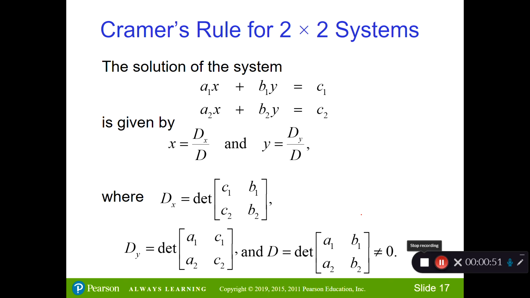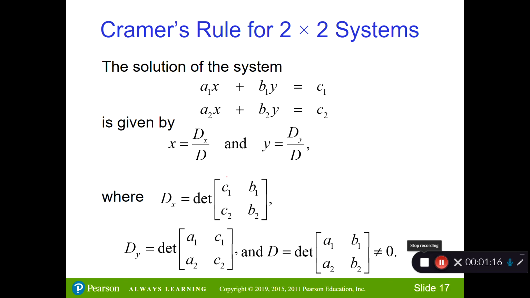And so I'm not going to memorize this as a formula. What I'm going to do is remember instead, if I create D as the 2 by 2 matrix of coefficients, a1, a2, b1, b2, right there. And then I take determinant D and I replace my x column with the c1, c2.